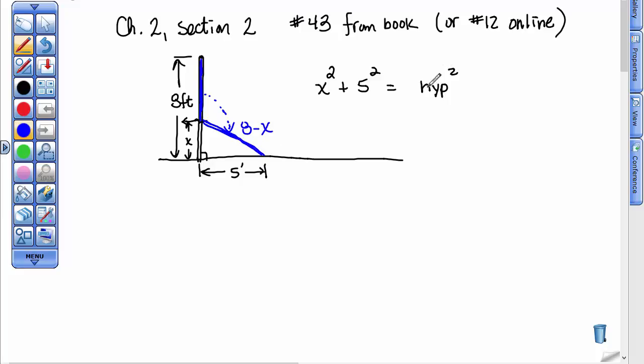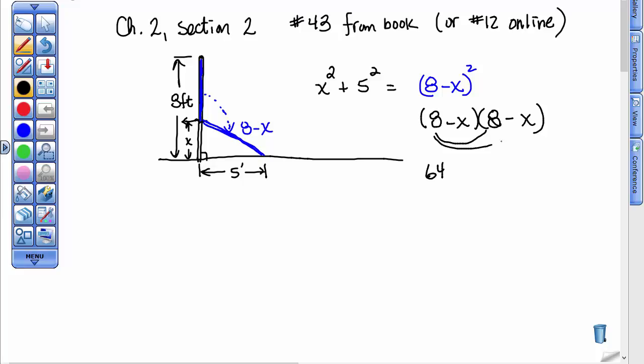And so let's replace this hypotenuse squared with 8 minus x, that quantity squared. So I am going to have to FOIL that. I'm going to take 8 minus x times 8 minus x, and FOIL it. So I have 64 minus 8x minus another 8x, and a minus x times a minus x is a plus x squared.